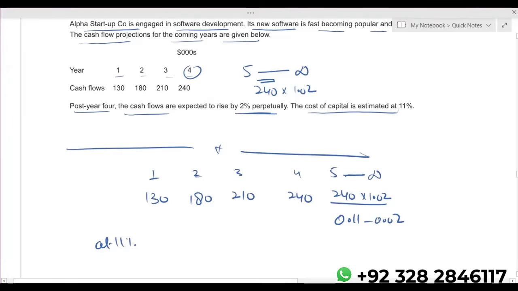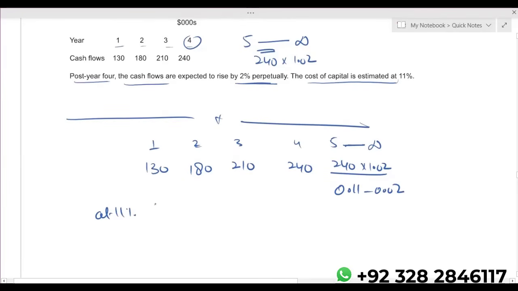Of course, solving this on Excel is far easier. The discount factors are 0.901, 0.812, 0.731, 0.659. Now, we are utilizing the formula from year 5 till infinity.